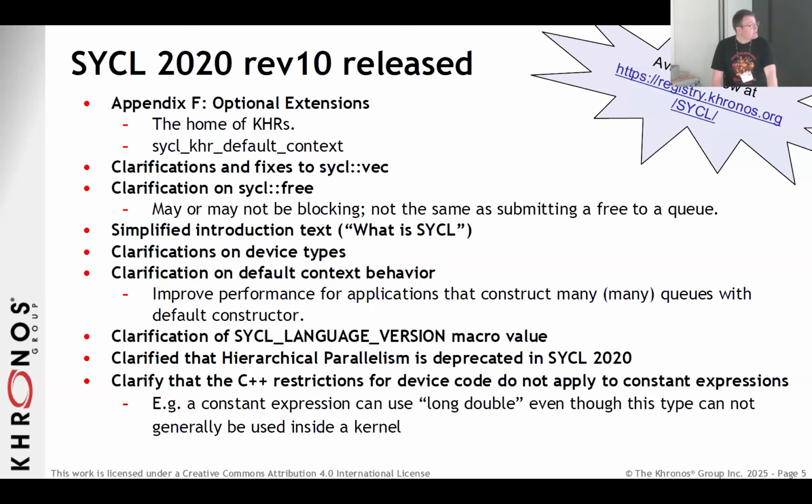Other highlights to go through: if you use SYCL.vec, we made quite a few changes, clarifications and fixes to SYCL.vec. The way that SYCL.vec was specified was essentially not implementable in the PDF of the standard. So we have resolved that so that it is implementable. There are all sorts of challenges with conversion of what do you do with a scalar to a vector type or a vector type to a scalar, and how do you do the arithmetic of all these things, the swizzles.